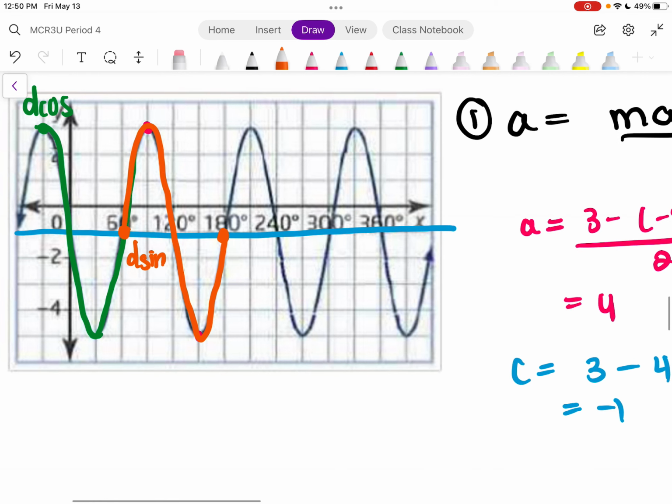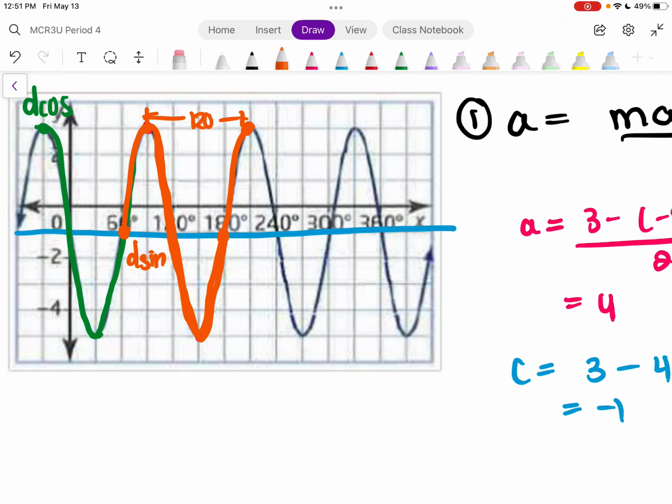Okay. So now let's deal with my sine function. Let's look at this rotation of cosine right here. The point from here to here is going to be about 120.